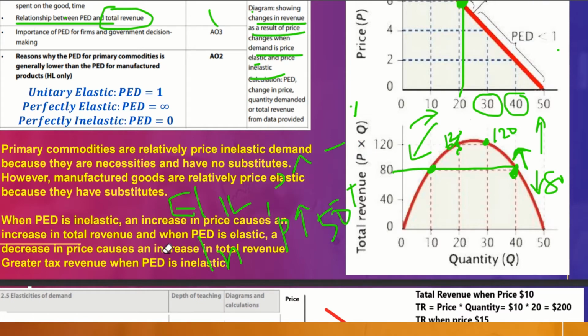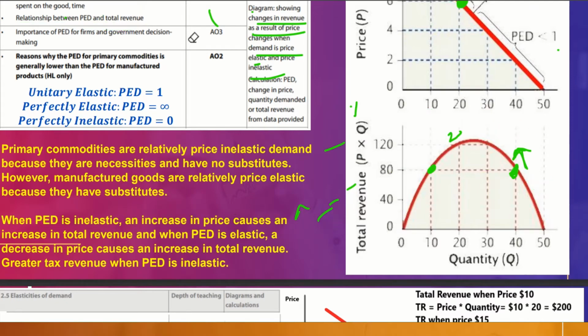And the next thing is the reasons why the PED for primary commodities is generally lower than the PED for manufactured commodities. See, this is the point: why primary commodities are generally lower than manufactured goods. Primary commodities are mostly necessities, because primary commodities means agricultural goods. They are obviously necessity goods, and there are no substitutes.